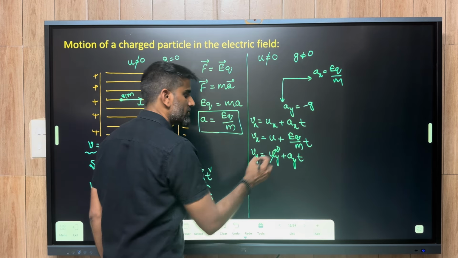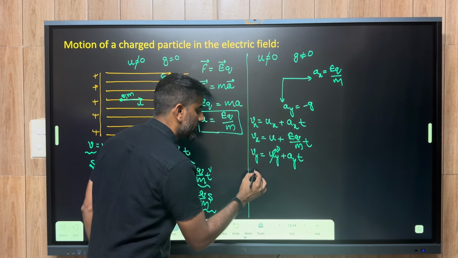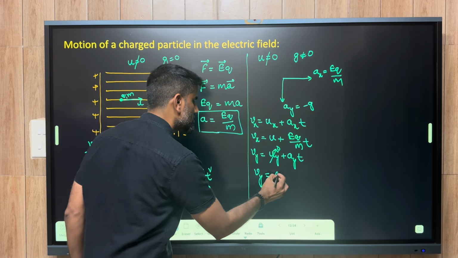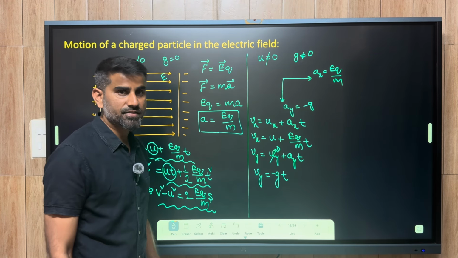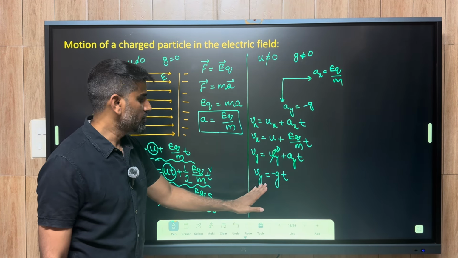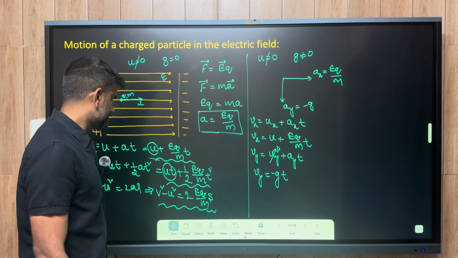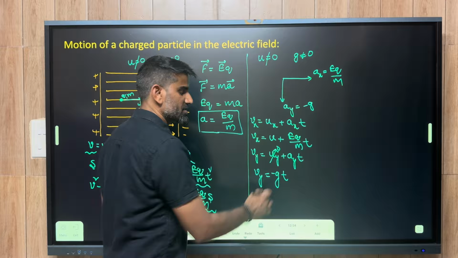So uy is equal to 0. Even though the vertical component of initial velocity is 0, its final velocity will not be 0. ay is how much? Minus g. So ay t is minus g t. Hope this point is clear. Now Vy is equal to minus gt.